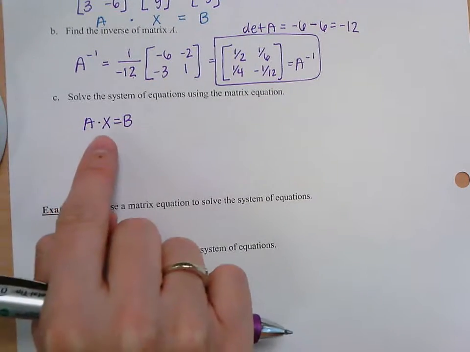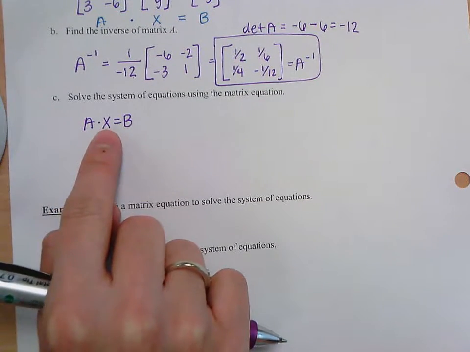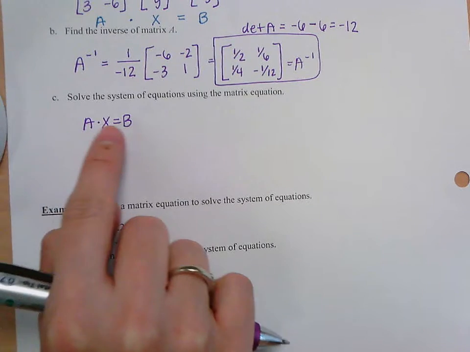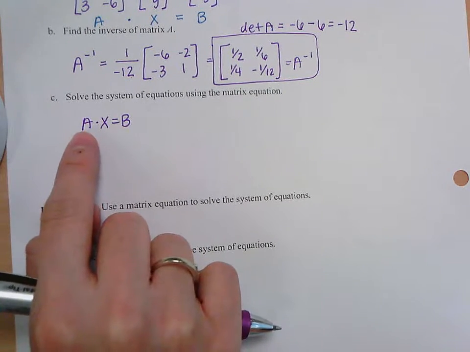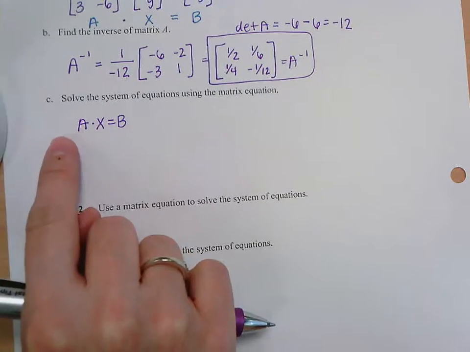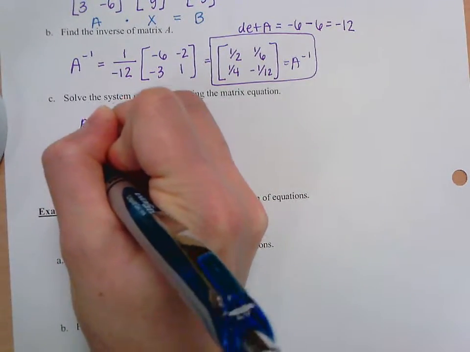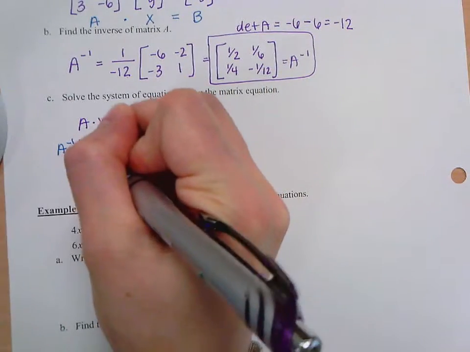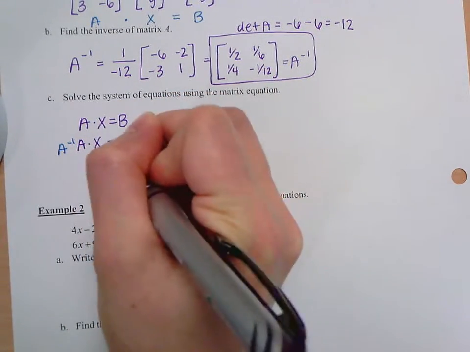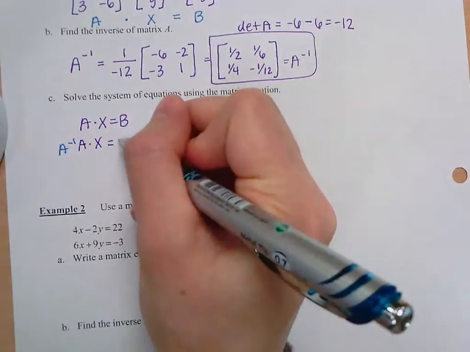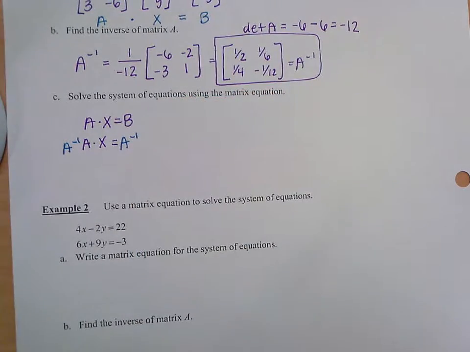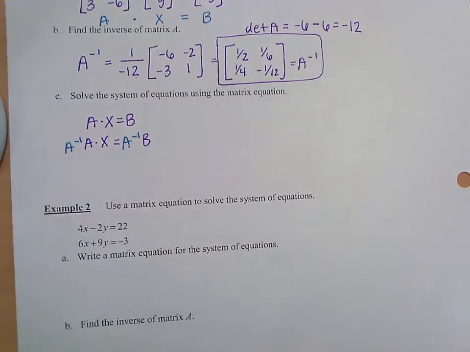So again, these were the steps. If I want to solve for matrix X, I have to multiply both sides. I have to get rid of matrix A, and since I don't have division, I multiply by the inverse. So I am doing A inverse multiplied by the left side, and then I have A inverse times B on the right side.